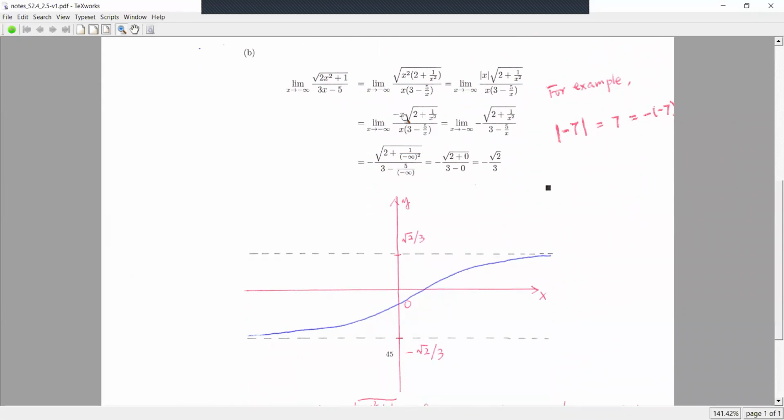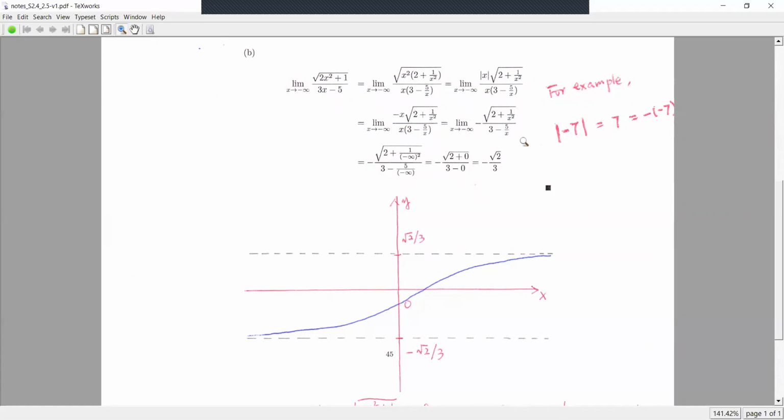Now, cancel x from the top and from the bottom. We then have this equation. Now this limit should be easy to tell. As x approaches negative infinity, 1 over x squared should approach 0. And 5 over x should approach 0.